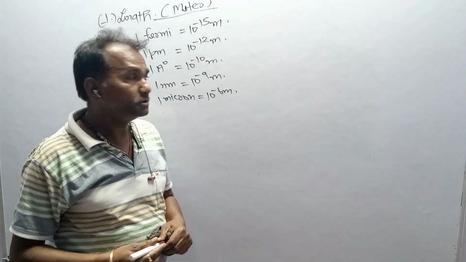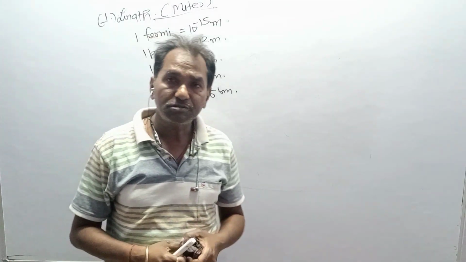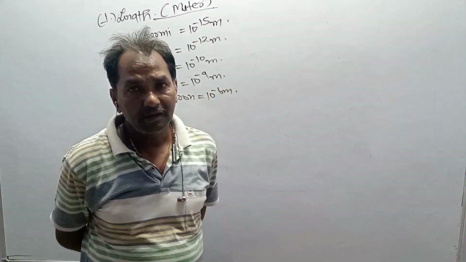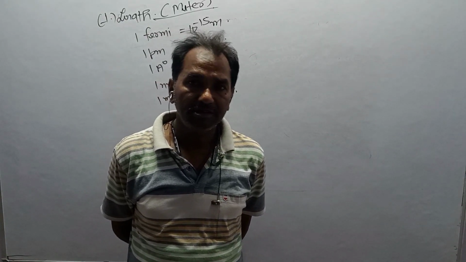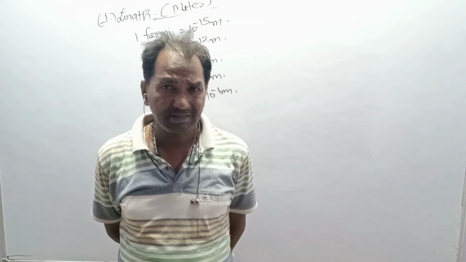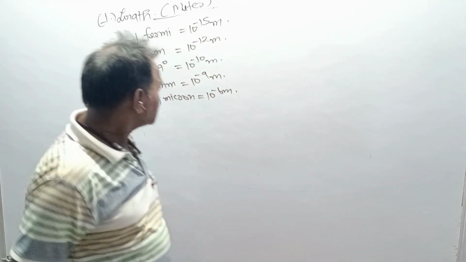As I have told you, these are the smaller units of length that are used to measure the dimensions or diameters of atoms, nuclei, or the dimensions of different viruses and bacteria like amoeba, paramecium, and so on.